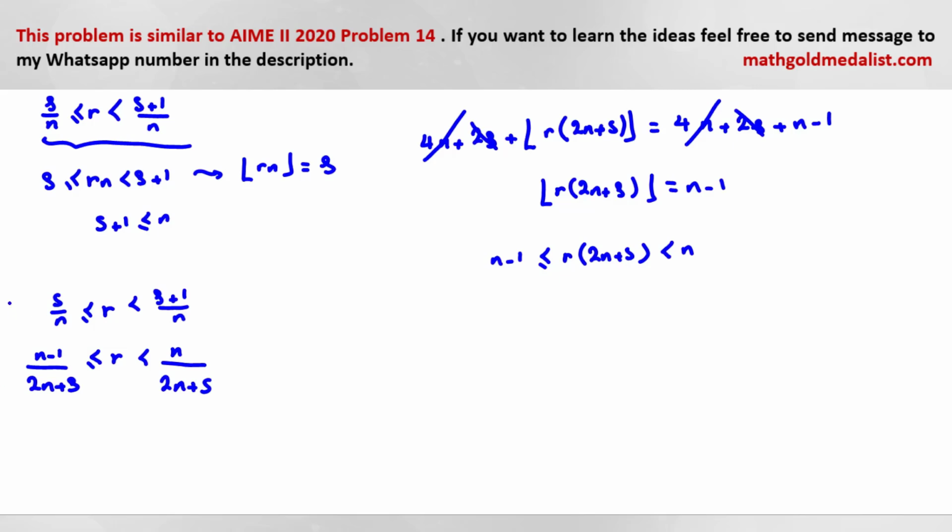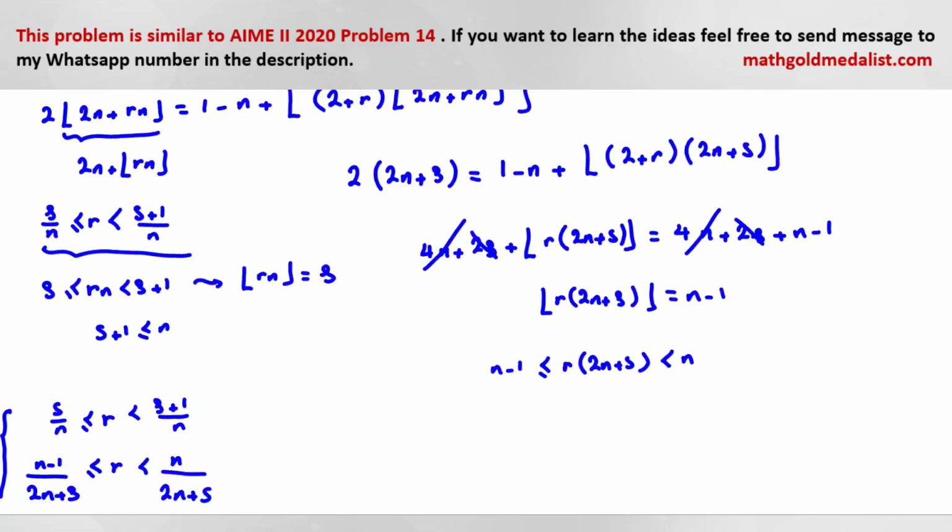Here you can use these two inequalities to see what we can reach. And we know s plus 1 is less than or equal to n. For different n, you can reach these things, and you should find the corresponding s, and then you have these two inequalities, okay?